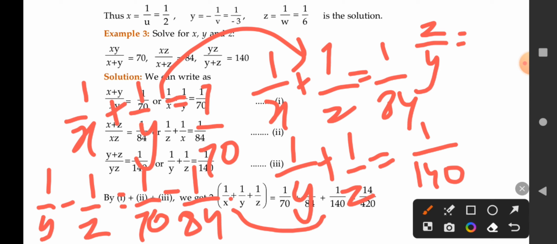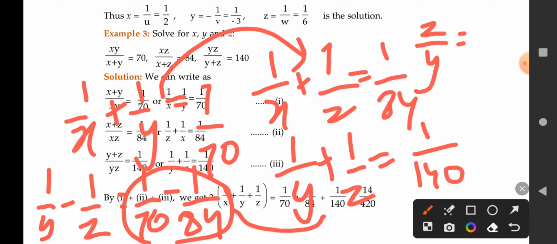So first subtract this part on your calculator. On your calci, 1 divided by 70 memory plus 1 divided by 84 memory minus, then memory. So now you have to add 1 by 140. So 1 divided by 140 memory plus. So memory recall. Okay.